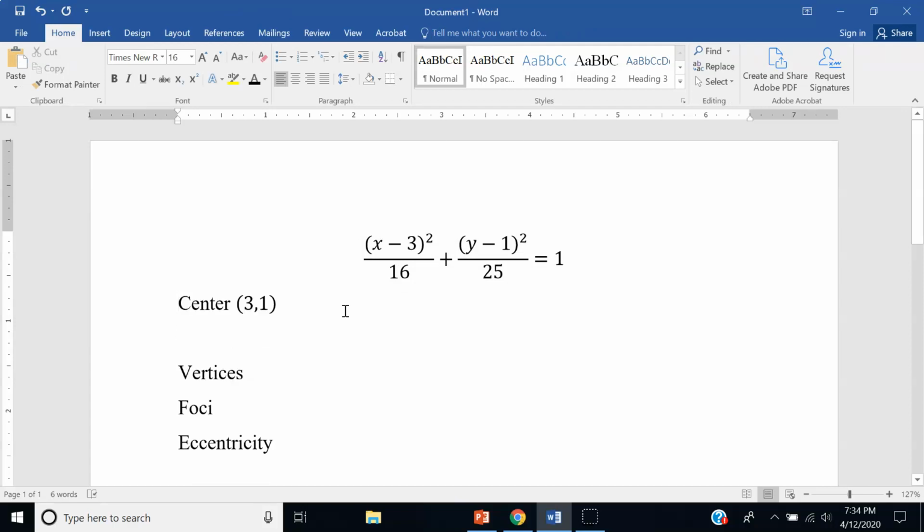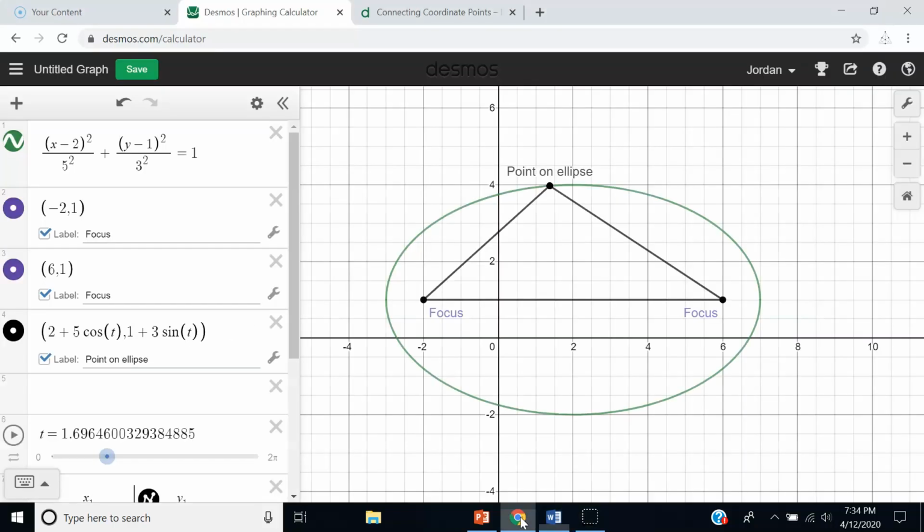Now, as far as the vertices go, I may or may not have said this, I can't remember, but the vertices are the endpoints, they're the highest, lowest, leftmost, and rightmost points on my ellipse. In other words, they are the endpoints of the minor axis and the endpoints of the major axis.